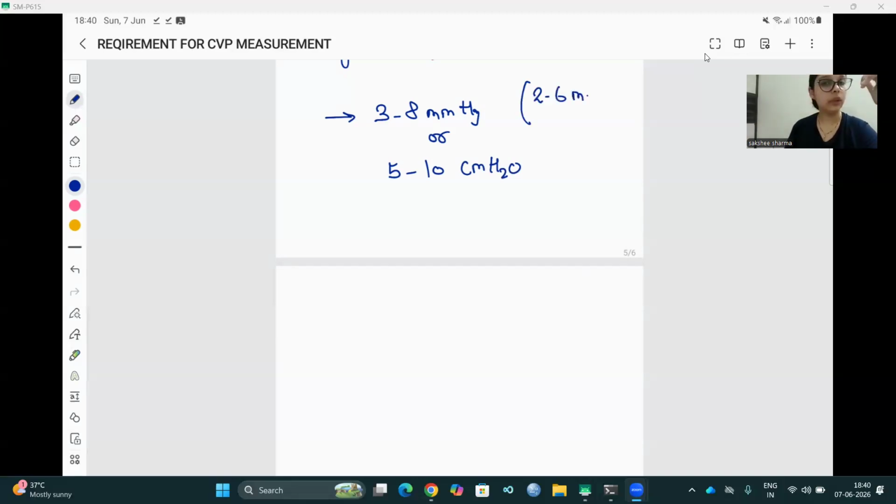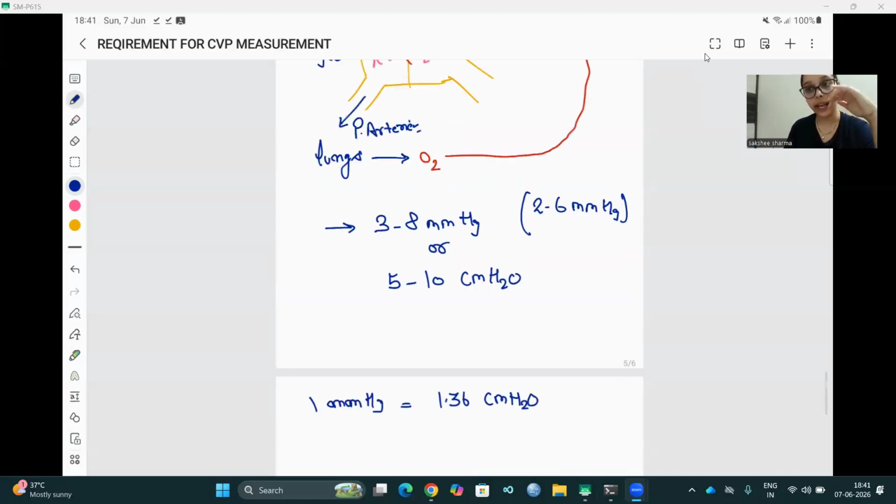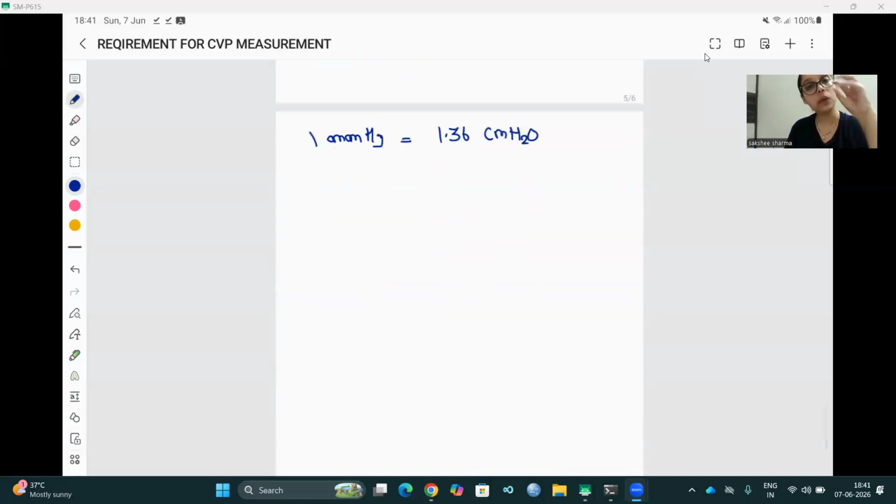Now you need not cram it. Why? Because converting between mmHg and centimeter H2O is very easy. Here's a trick to remember that. 1 mm of Hg is equal to 1.36 centimeter H2O. So if a value is given in mmHg and you have to convert it into centimeter H2O, you just multiply it by 1.36.